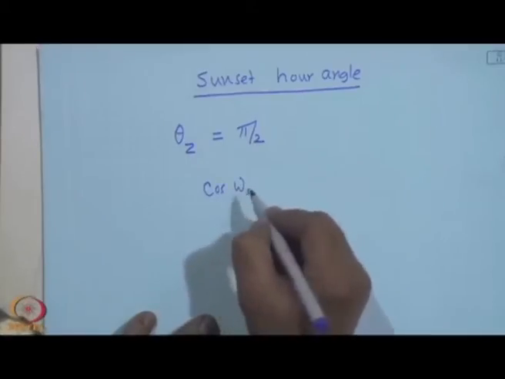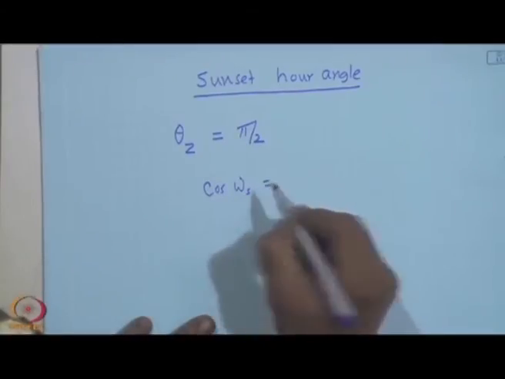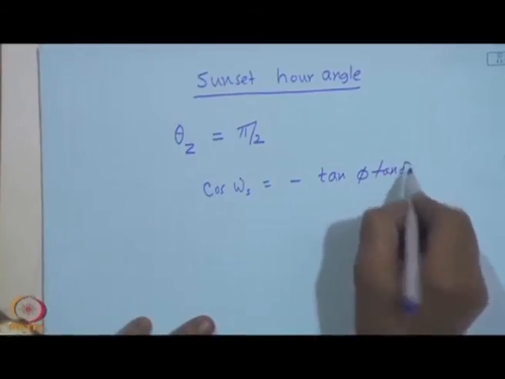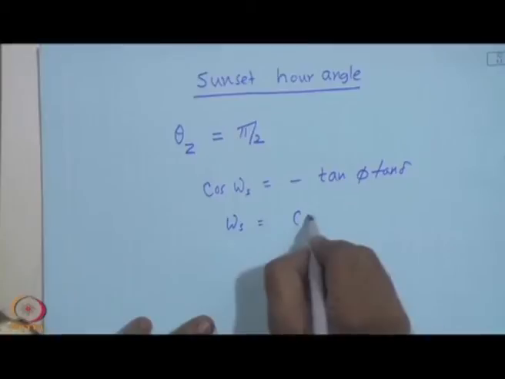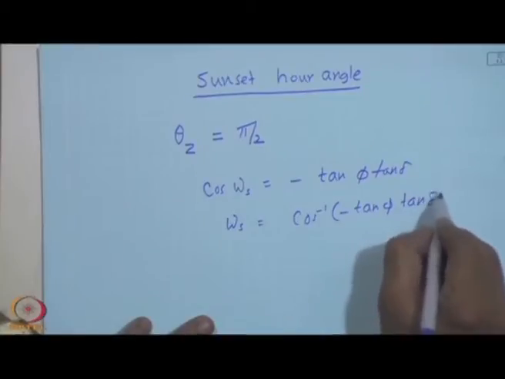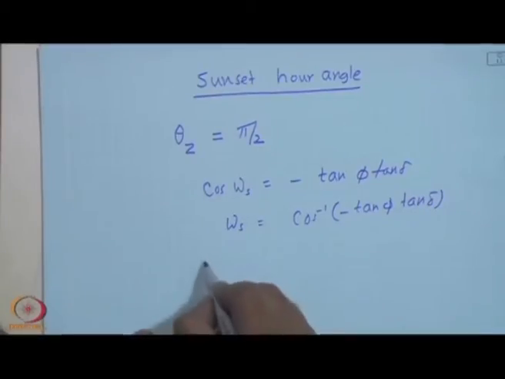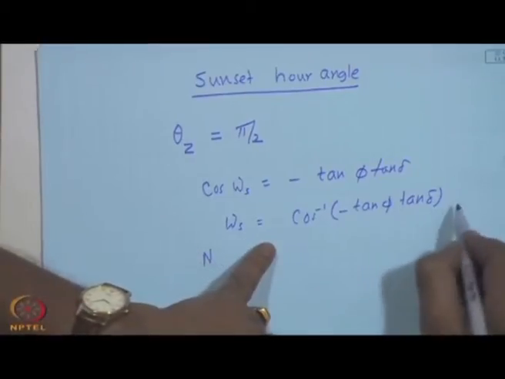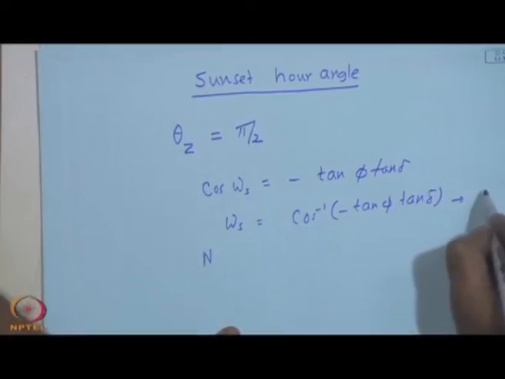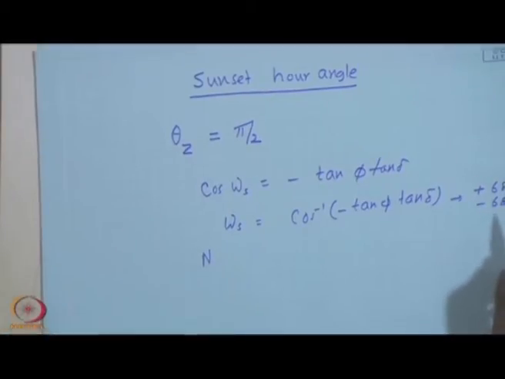Then if you solve that theta z, you will get cos omega s, the value of omega for which the sun rises or sun sets, which is minus tan phi tan delta, and omega s will be cos inverse of minus tan phi tan delta. Now, number of sunshine hours. So, this can be plus or minus. I can have an answer, for example, for a certain location, it will be plus 68, minus 68. Agreed?